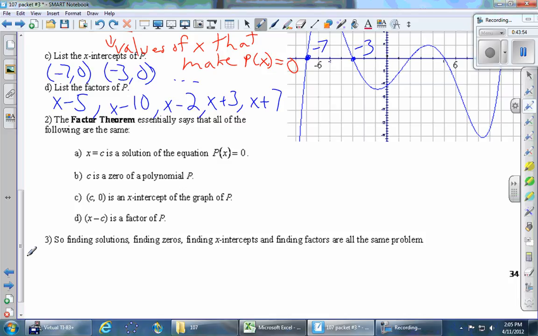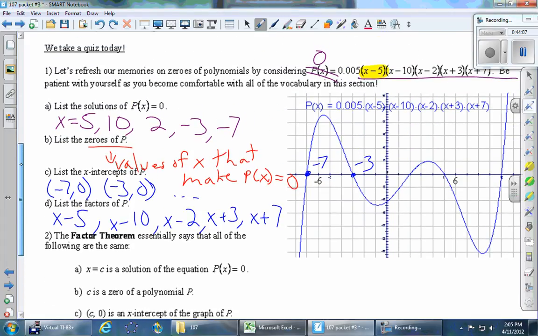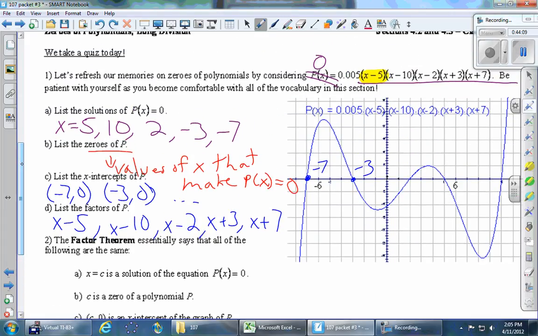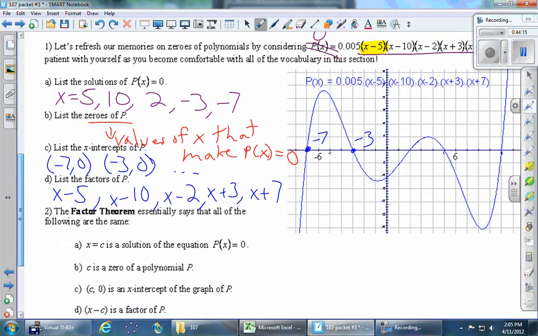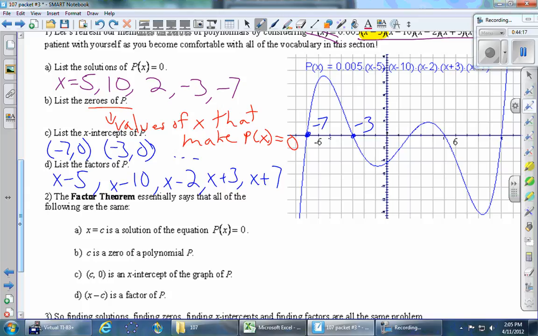Megan? Let's pause right there. Which part was that? That's part A. We solved P of X equals 0. We found 5 numbers. Keep going, Megan. Okay, which part was that?